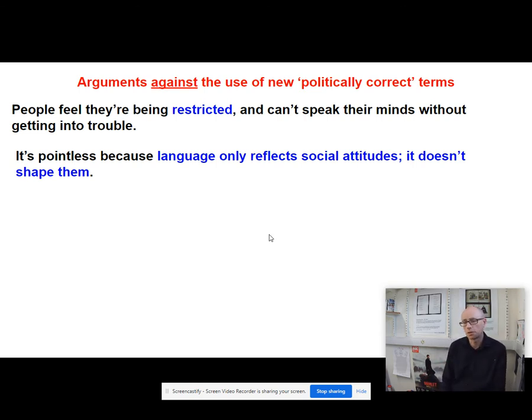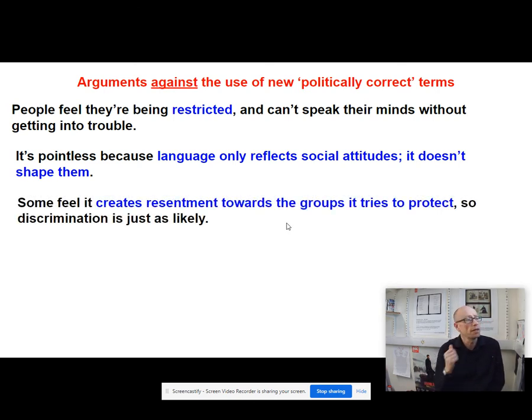It just reflects social attitudes. It doesn't actually shape them, i.e. people's attitudes come first and then you get the language that's used to represent those attitudes later on. Some feel it's counterproductive because it actually creates resentment. If you're going to create new terms to describe people with disabilities, then what you do is you stir up resentment against those groups, and it's counterproductive in that way.